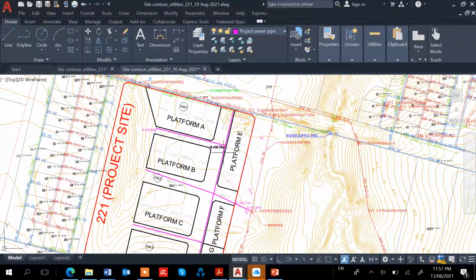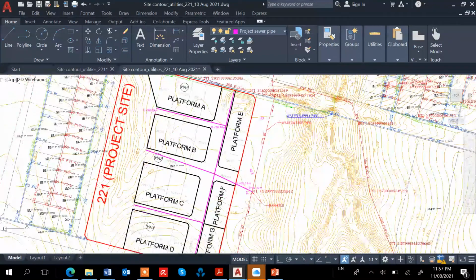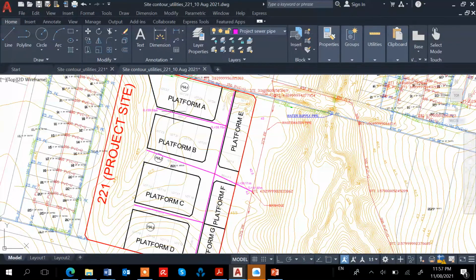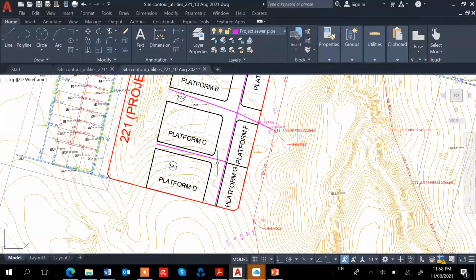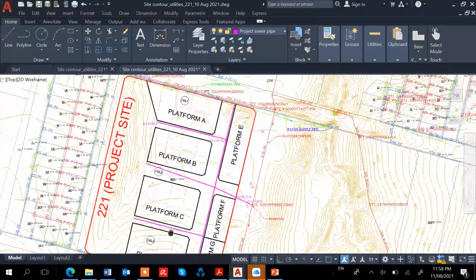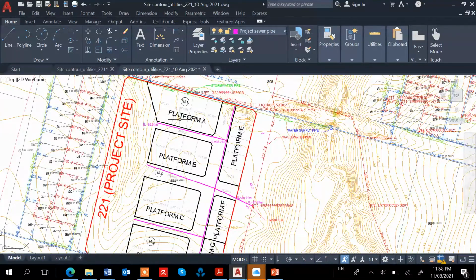But the wastewater pipe, or the sewer line, will be at a similar depth, compared to the distance from this point, for example. If you go down along this sewer line from here, definitely the cover here will be deeper. It will be sufficient because the existing ground is higher compared to this one. Even the platform will be lower. So this is the critical point here, or even here.